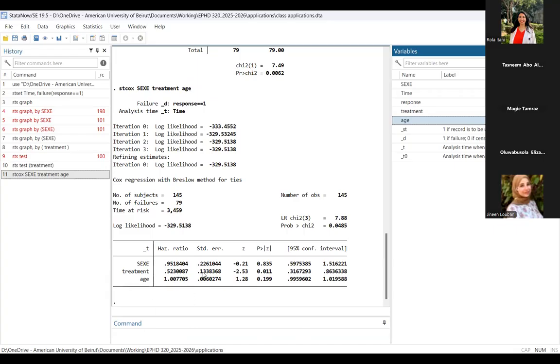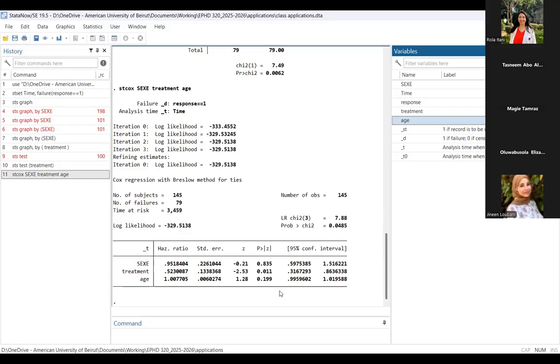So this is my measure of association; it's just the layout is a bit different. It's telling me that there is a significant association, here the P is 0.011, with the combination treatment being much better and reducing the risk of relapse compared to people who have only chemotherapy.